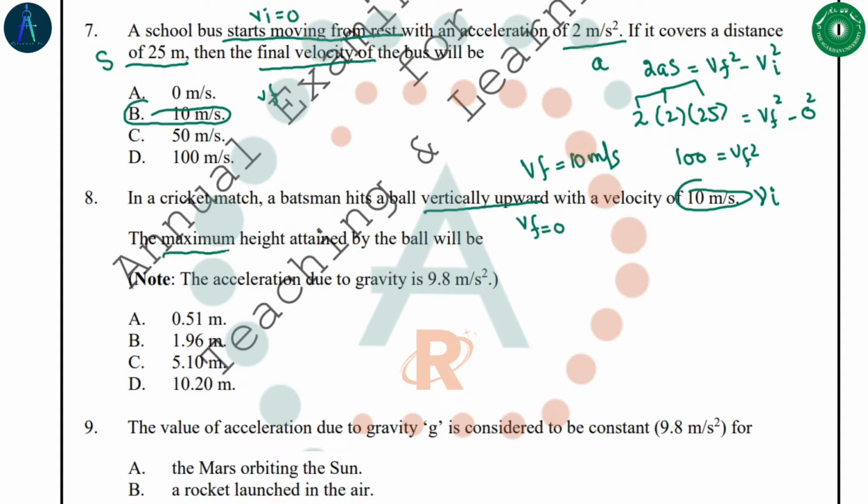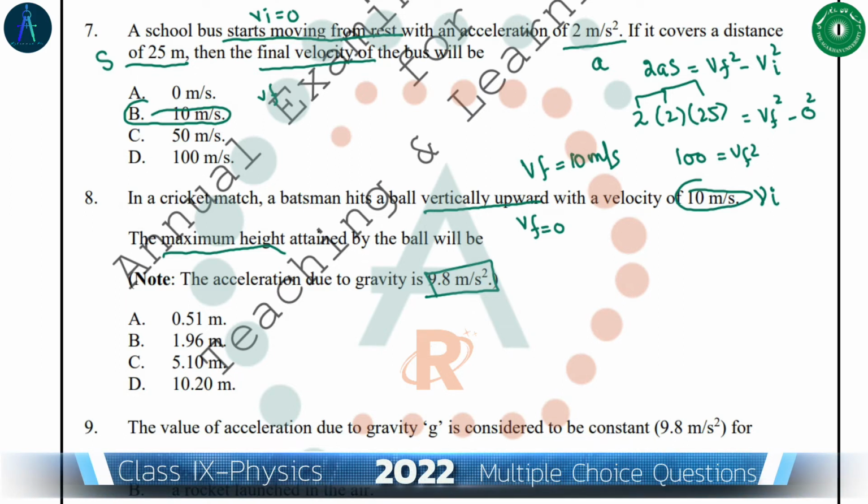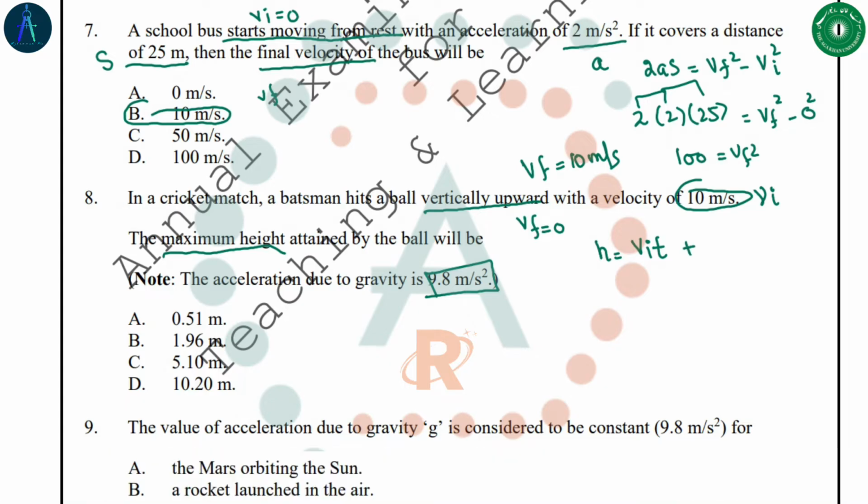We have to find the maximum height reached by the ball, and acceleration due to gravity is 9.8. So we will apply the equation of motion under gravity, h equals Vi t plus a t square over 2. For that we need time.